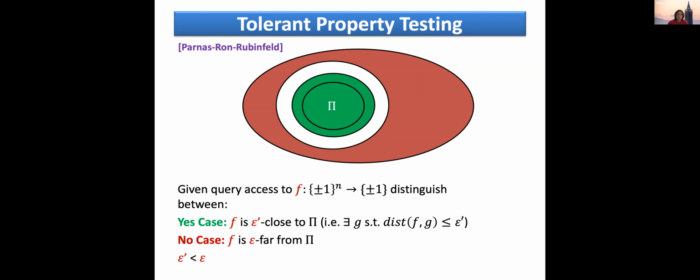So we're trying to distinguish between the green and the red region. And again, we have this region of slack where we're allowed to answer anything or be incorrect in general. And as epsilon prime and epsilon get closer and closer together, the problem becomes more and more difficult.